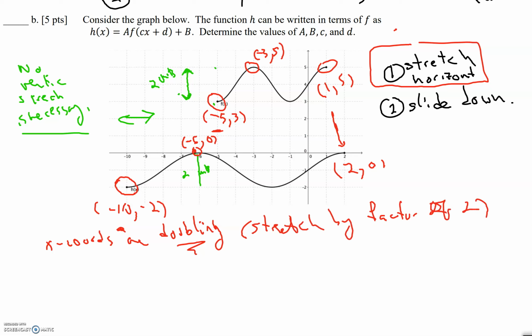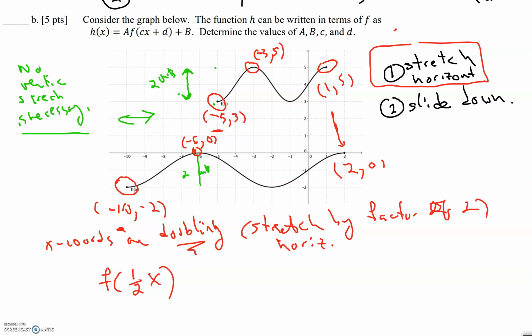Okay, so if we want to stretch by a factor of 2 horizontally, remember that actually means that we multiply the input by 1/2. So that's going to look like f of 1/2 of x. That would be stretching it by a factor of 2.